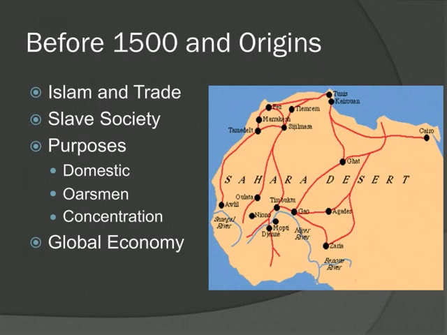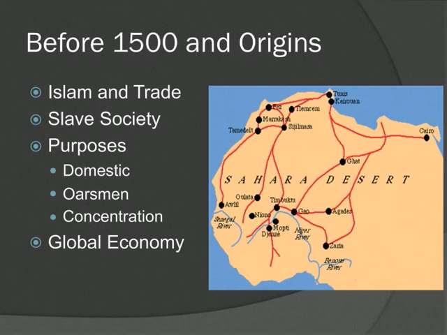And the other thing that I want you to think about is the slave trade itself. We've already talked about globalization and things of that nature, but the slave trade itself is something that made the global economy run. Right? Once the Europeans conquered the New World, what did they need? They needed more human beings, right?